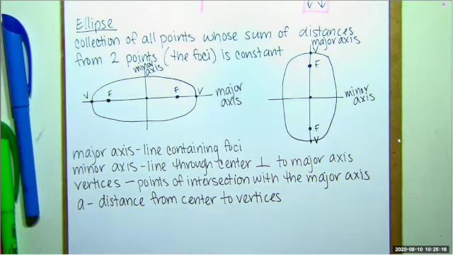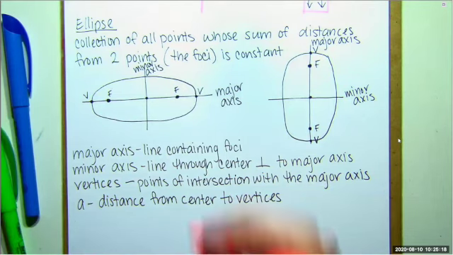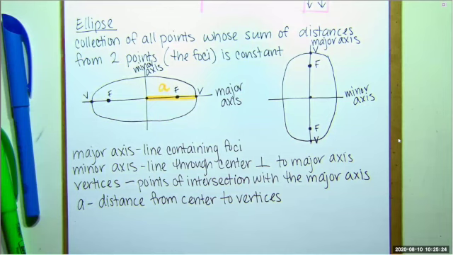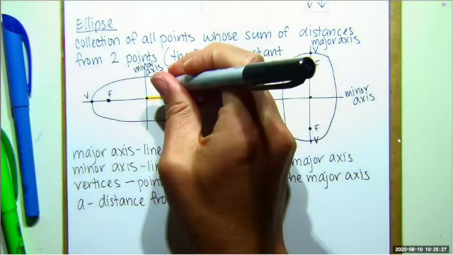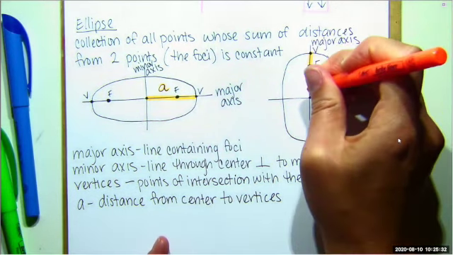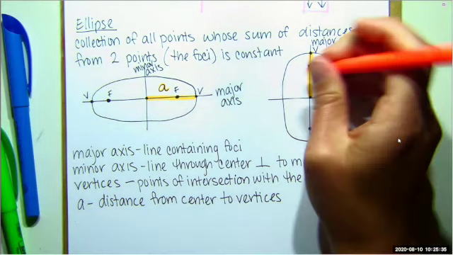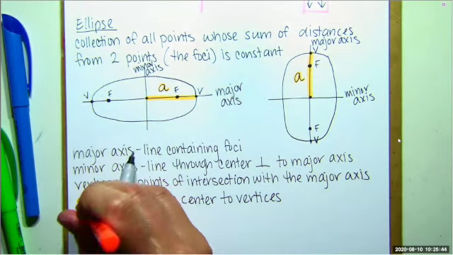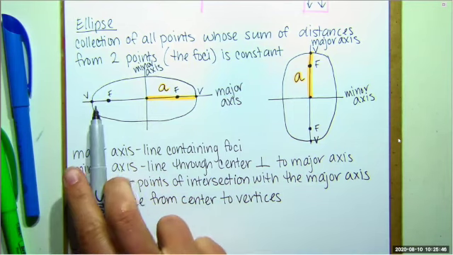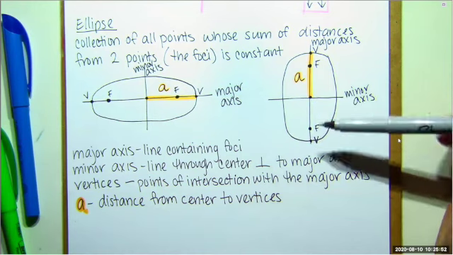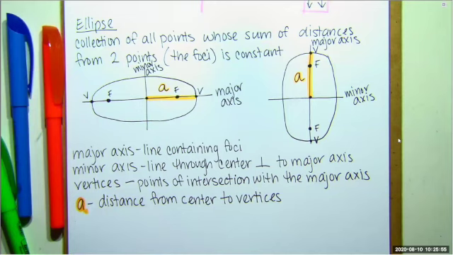On our picture, from the center to the vertices, this has length A. And from our center to our other vertex, this also has length A, but I'm only going to do one on this picture so that we can put in some other important things.